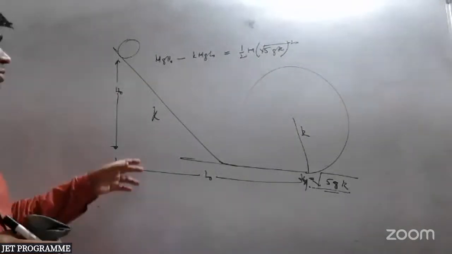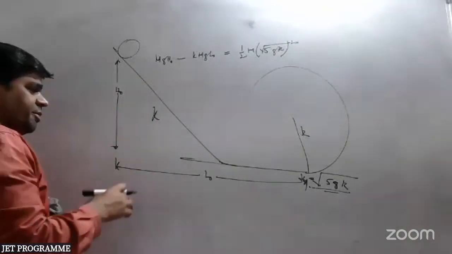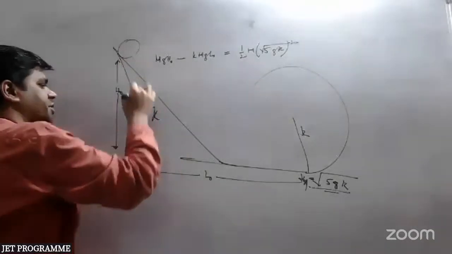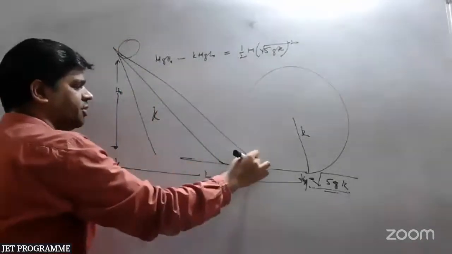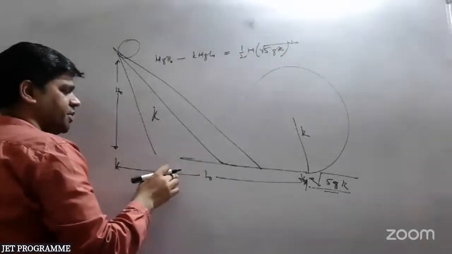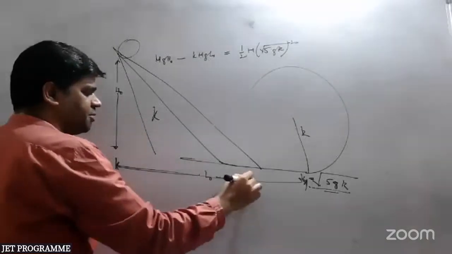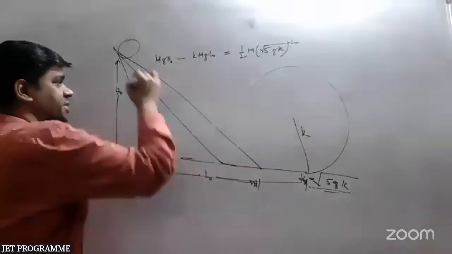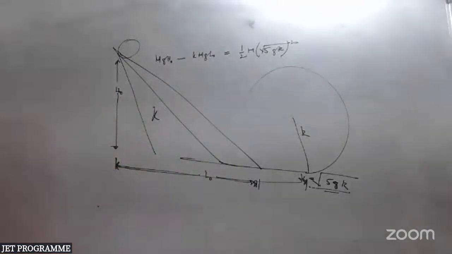All right. But why am I writing mu mgl? It is independent of this angle. Whether my particle comes from here to here, here to here, or here to here, the work done by friction depends only on the horizontal displacement, if it is a straight line. All right.